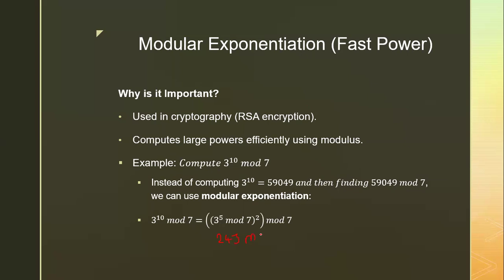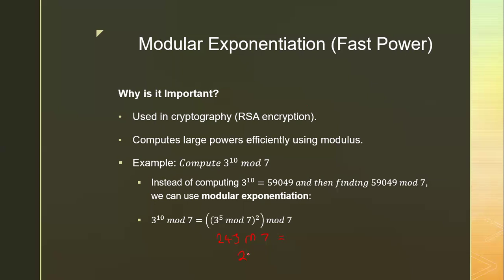Mod 7. And you can try to find out this number here. 243 divided by 7, which is going to be 34, right?